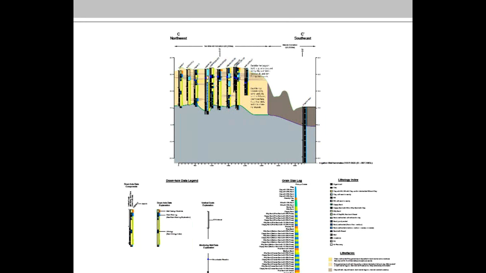But this part of the system, as we're moving, we've kind of slid over to the southeast from where we were in the northern region.